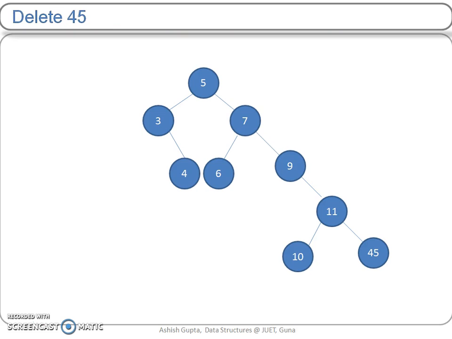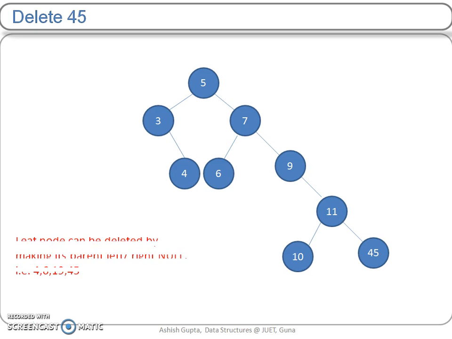Next is how to delete a node from a tree. Let's say I want to delete the node 45. We see that 45 does not have any children: its left child is null and its right child is null. A node which has both children null is a leaf node in the binary tree.